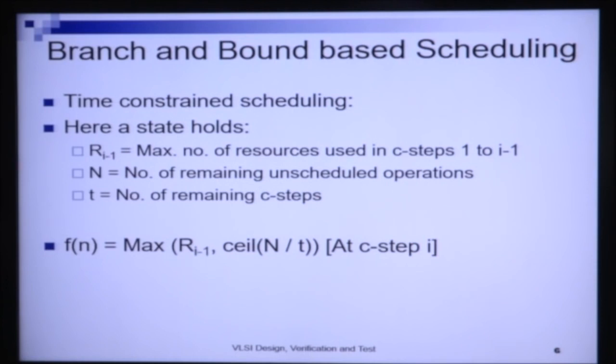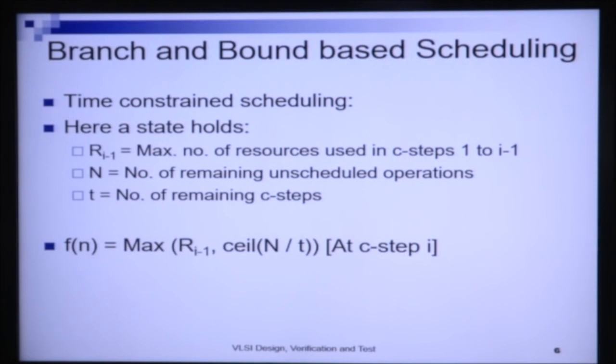the maximum of r_{i-1}, which means the maximum of the number of resources that I have already used in any of the prior time steps, from i equal to 1 to i equal to i minus 1. That means before the current time step, what is the maximum number of resources in any given time step that I have used, and a lower bound on the minimum number of resources that I may need to use at any given time step for the remaining time steps.